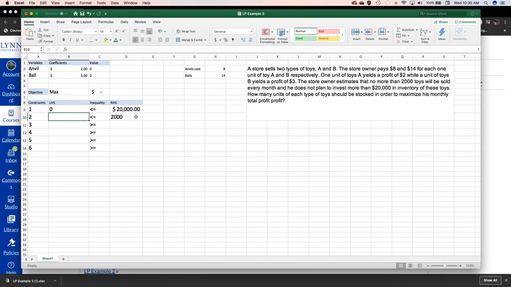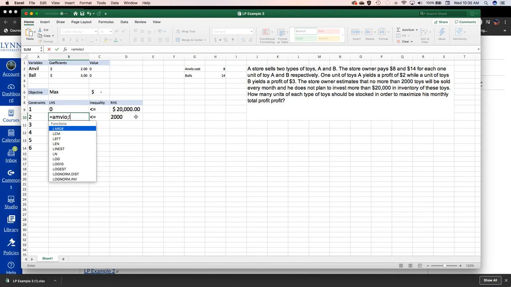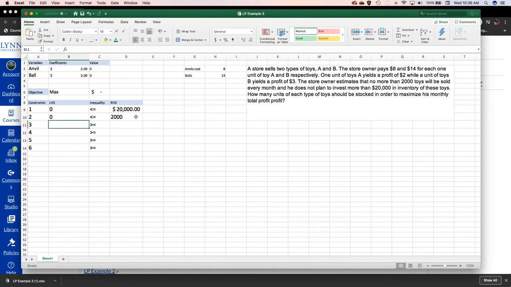And this is just going to be the anvils plus the balls. Spelling anvil right might help. All right, so that has to be less than 2,000.